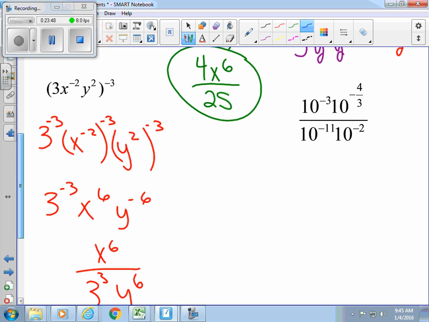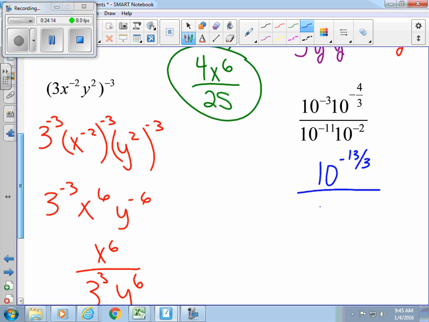So I'm going to add negative 3 plus negative 4 thirds. Completely by hand, that's a problem where you have to get common denominators. Do you ever have to do things completely by hand? So in your calculator, type negative 3 plus negative 4 thirds. Negative 13 over 3.